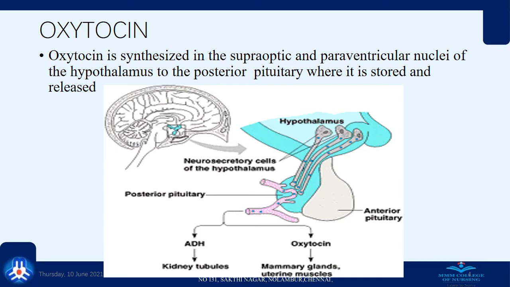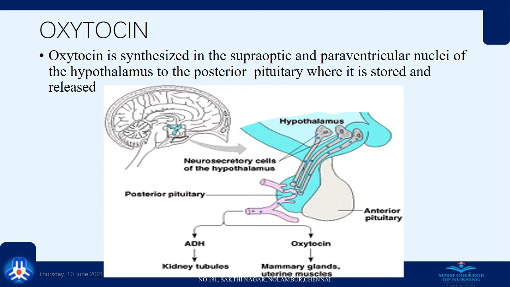Oxytocin is synthesized in the supraoptic and paraventricular nuclei of the hypothalamus and moves to the posterior pituitary, where it is stored and released.